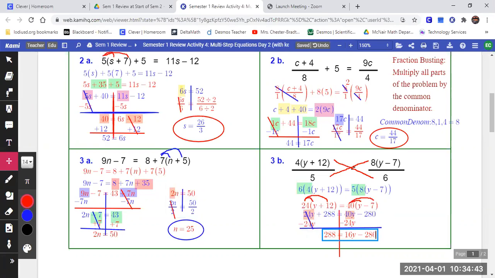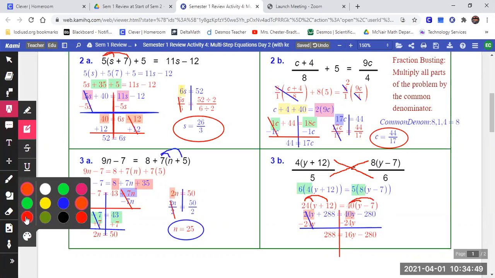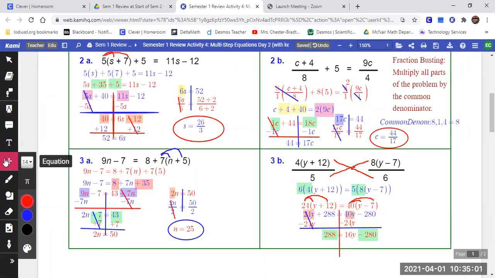We haven't done anything with him. That's the next thing we have to handle. We have to big zero that 280 to the other side. The 280 has to move away from the letter by doing what?